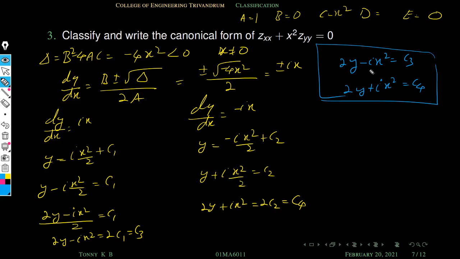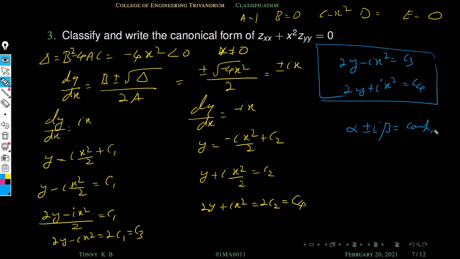In the case of elliptic functions, always their characteristics are of the form alpha plus or minus i beta equal to constants. One is alpha plus i beta equal to constant, the other one is alpha minus i beta equal to constant.